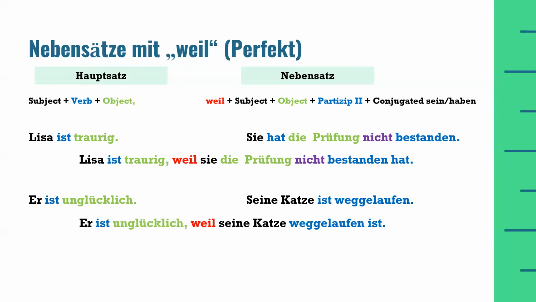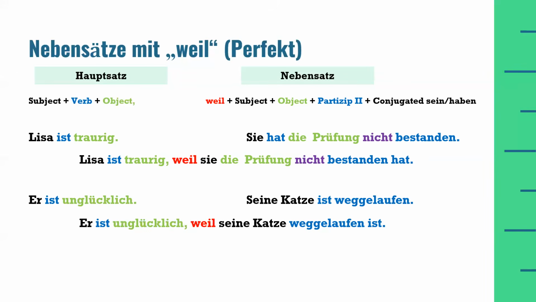If we want to combine these sentences, we have to do it by using weil. He is unhappy because his cat has run away. Er ist unglücklich, weil seine Katze weggelaufen ist.